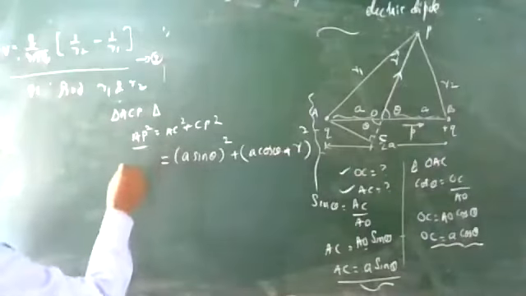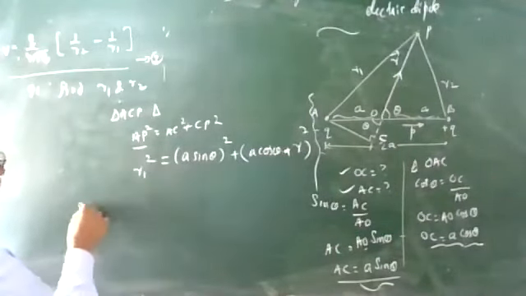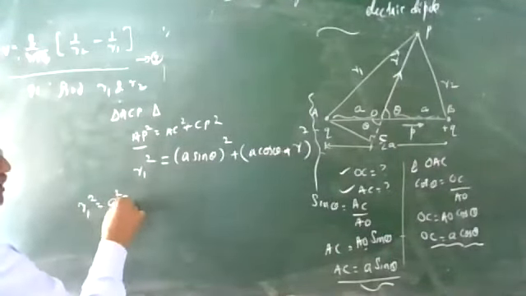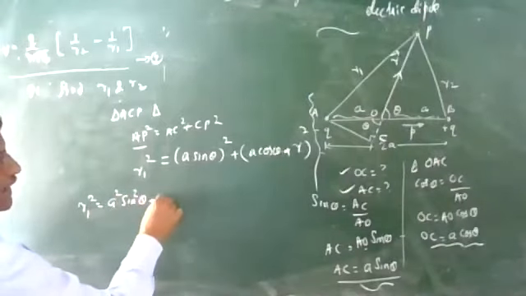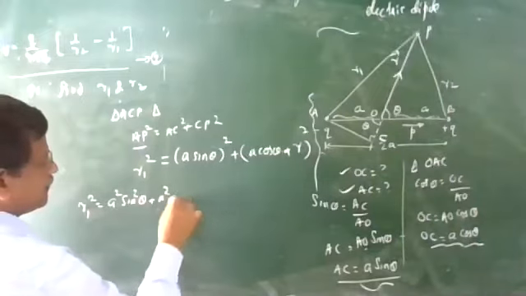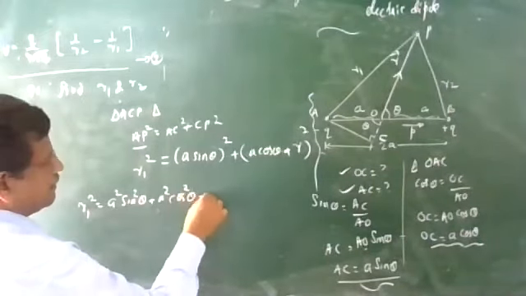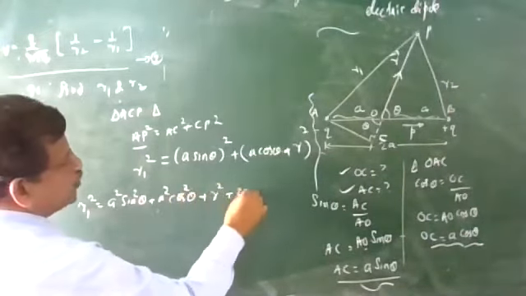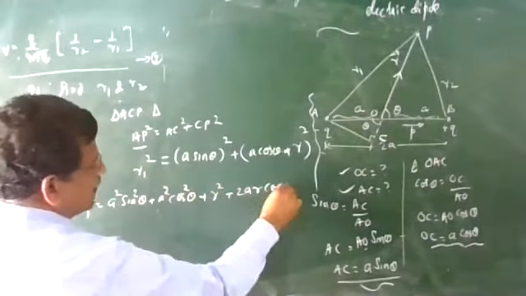Expand it. AP square means R1 square. So R1 square is a square sin square theta plus a square cos square theta plus R square plus 2aR cos theta.